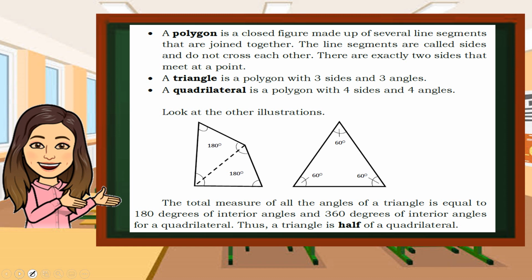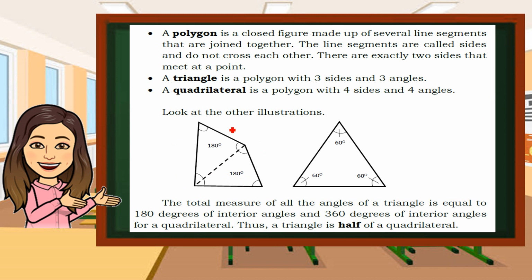So how can we relate a triangle to a quadrilateral? As you can still remember, a triangle is a polygon with 3 sides and 3 angles, right? A quadrilateral is a polygon with 4 sides and 4 angles. Now, look here to the illustration.